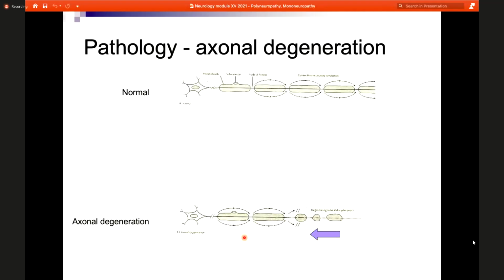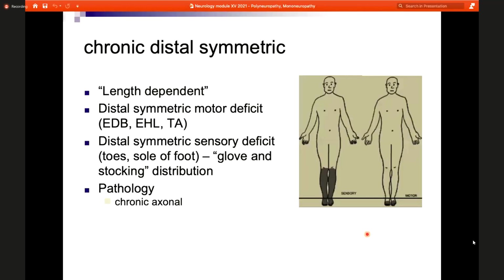So first, axonal neuropathies. We just referred to this picture earlier, and we mentioned that the longest nerves are affected first. So the longest nerves are in the legs, and therefore the legs are affected first.